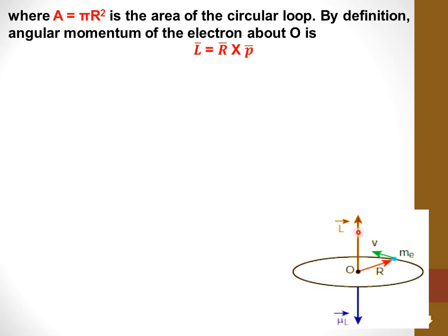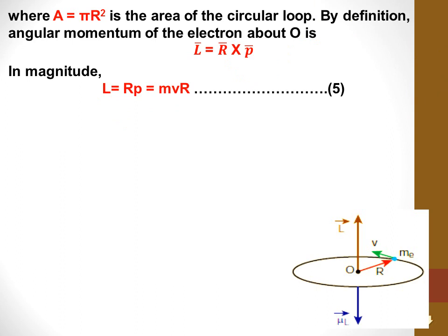You can see they are opposite to each other. As you know, A equals pi r square is the area of the circular loop, and by definition the angular momentum of the electron about O, this midpoint O, is L equals r cross p vector.